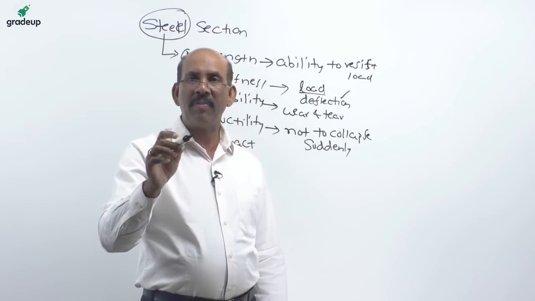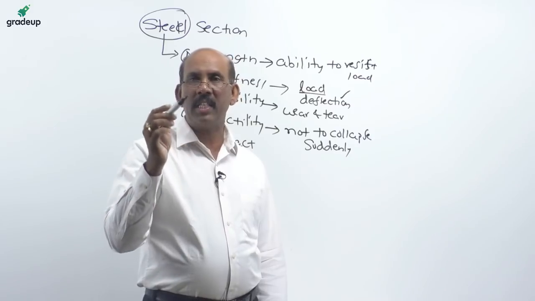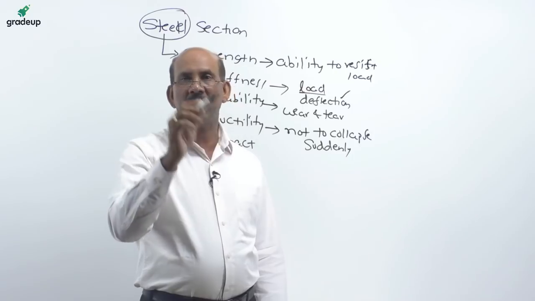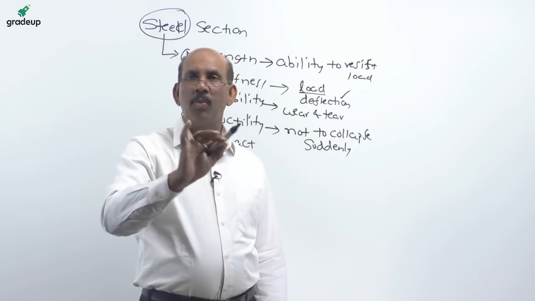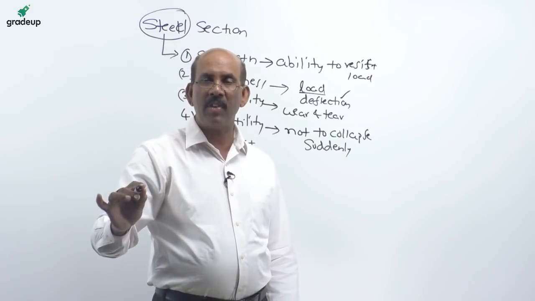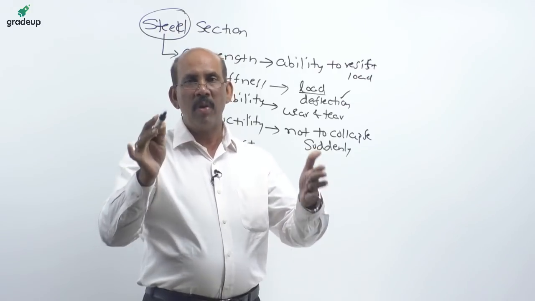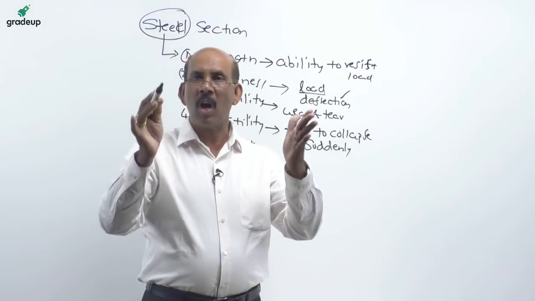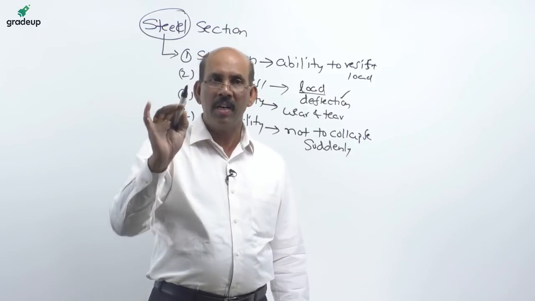So under the impact effect and the normal dynamic and static loading conditions, from the point of view of strength, stiffness and serviceability, the structure is designed in such a way that it should possess all the properties against strength and serviceability. If the structure is maintained well, we will say that the structure is going to be safe. That is the main objective of a design engineer. One has to see these properties in your design.